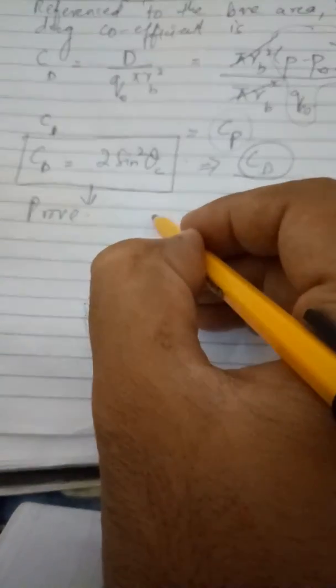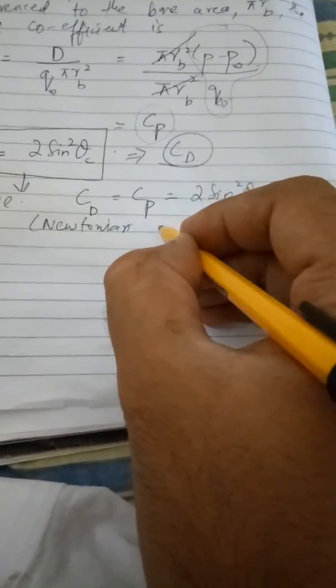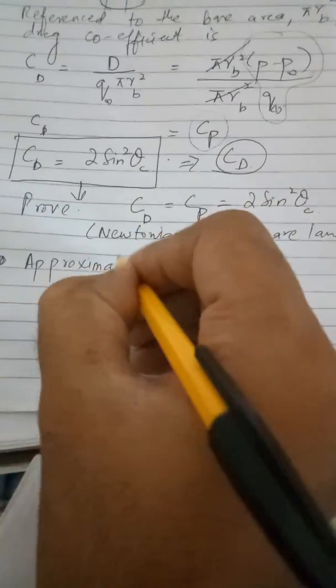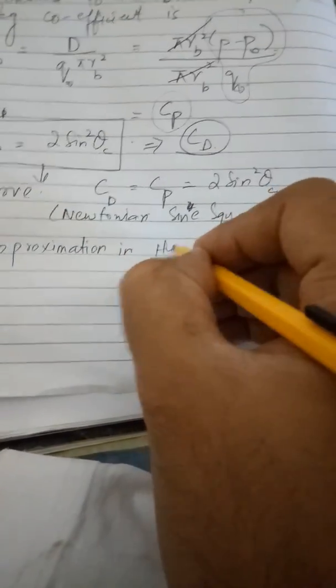Prove CD is equal to CP, in this case 2 sine square of theta, which is the Newtonian sine square law, and it is also referred to as the approximation in hypersonic inviscid flows, and also referred to as the local surface inclination techniques.